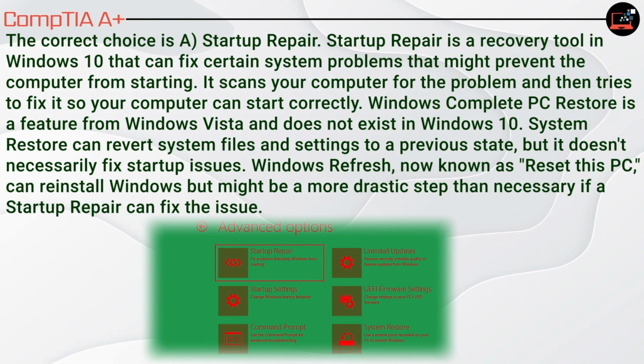System Restore can revert system files and settings to a previous state, but it doesn't necessarily fix startup issues. Windows Refresh, now known as Reset This PC, can reinstall Windows, but might be a more drastic step than necessary if a startup repair can fix the issue.